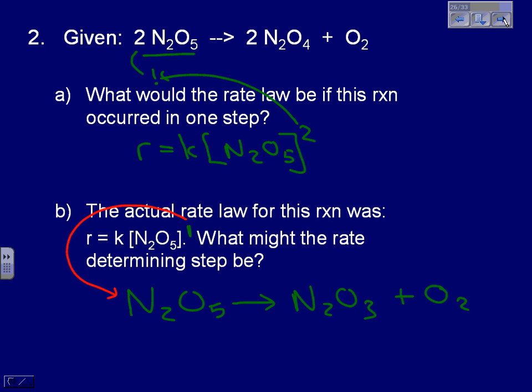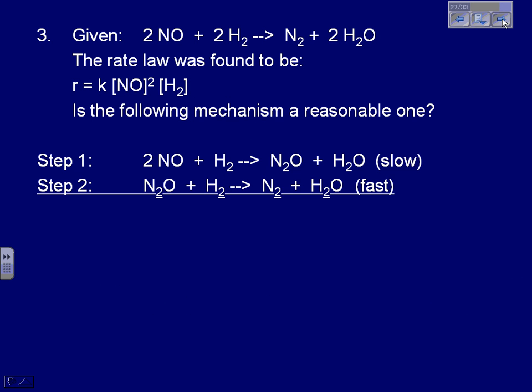That makes good sense. And so somehow then maybe another O2 bumps into that and turns it into N2O4. But that's not what the question asks. The question asks what might be the rate determining step. And because this has a number 1 in the first position, right there, and this is plausible, it makes good sense, then you have succeeded in predicting maybe a rate determining step.